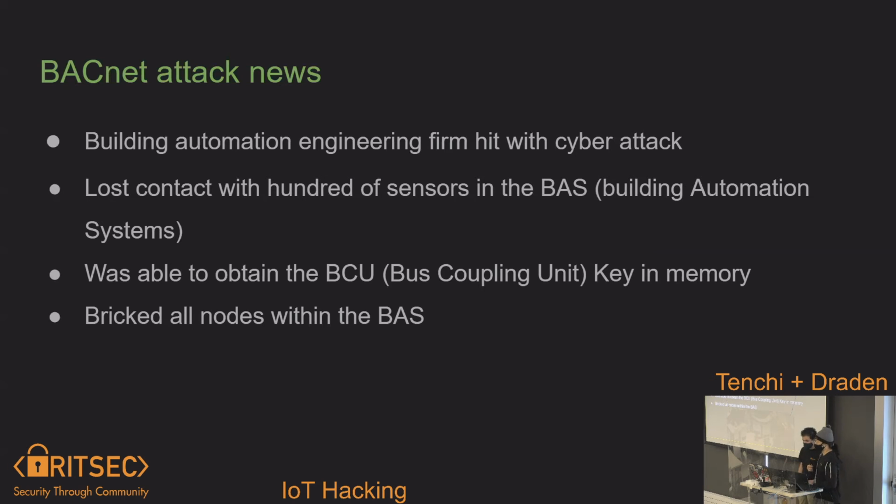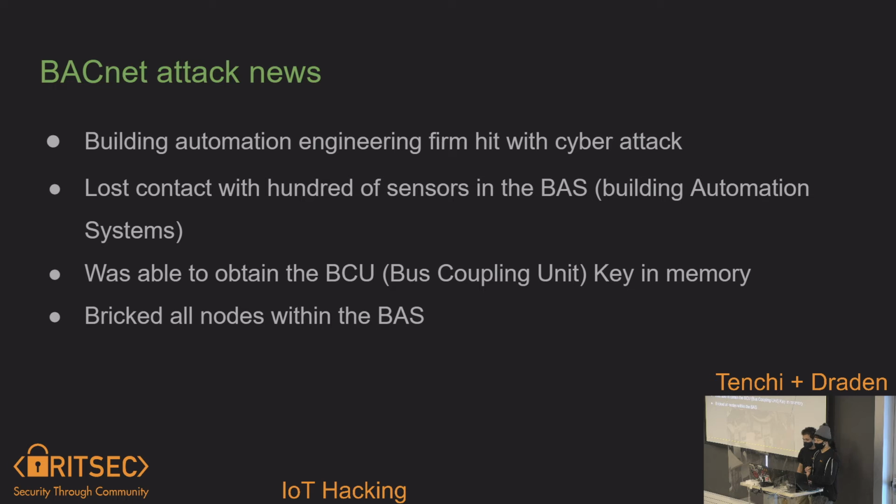Just a quick note, I probably should include this in later slides, but there was a really interesting news article that I read where a building automation engineering firm was hit with a cyber attack, and they lost contact with hundreds of sensors in their building automation systems, which is also synonymous with BACnet.